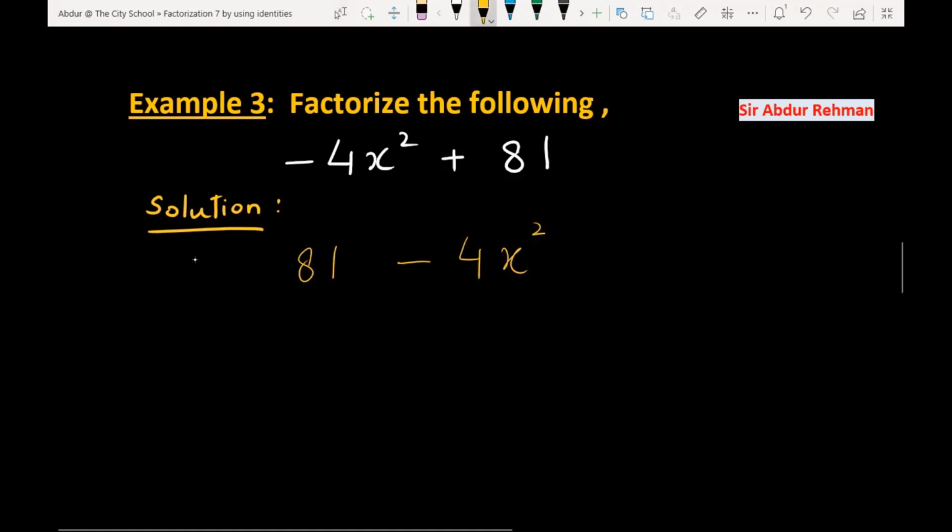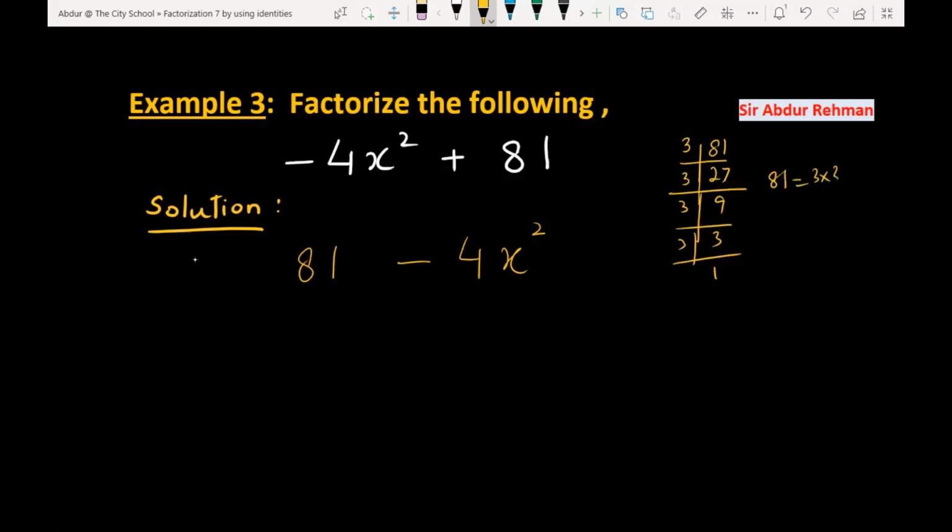So 81, find out the prime factor. 3 27s are 81, 3 9s are 27, 3 3s are 9, and 3 1s are 3. So we can say 81 equals 3 times 3 times 3 times 3. 3 3s are 9, 9 times 9, 9 is square. 81 is a perfect square.